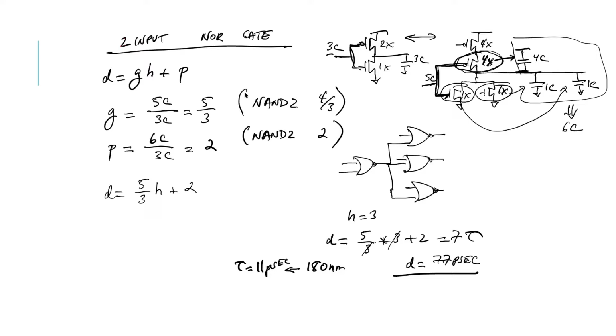We have to increase the device sizes, so you can see how the delay is going to be higher than an inverter. And in a NOR gate, we're putting 2 PMOSFETs in series. So PMOSFETs are slower than NMOSFETs. You have to make them bigger to get the same drive. So you could see how a NOR gate would be higher delay than a NAND gate.